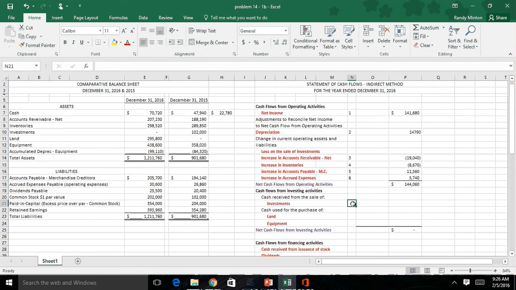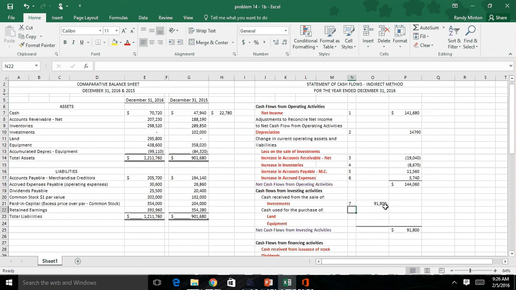That's the entire proceeds from it. That's the requirement for us. So I'm going to go ahead and label this one 7 and put it here. And that's the $91,800 that it told us that we received from the sale of these investments.